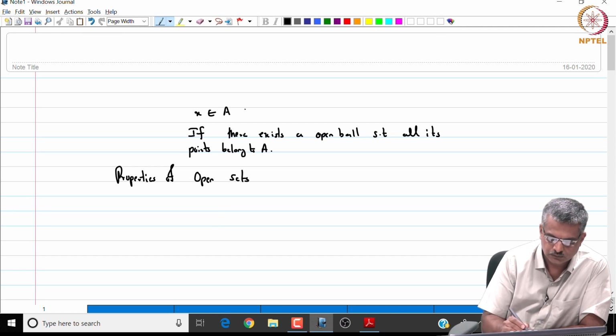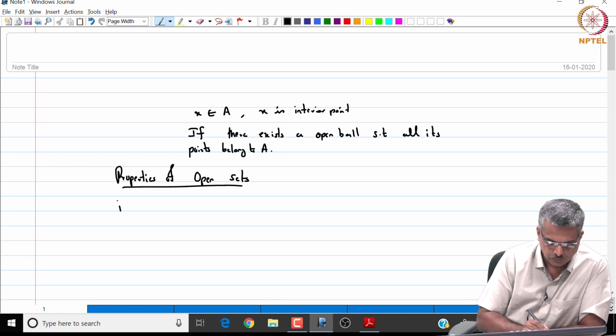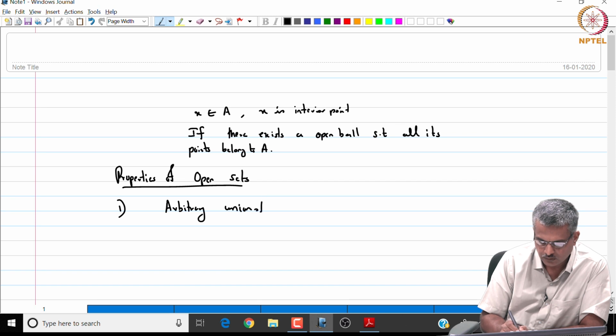So, this was interior point. The first property is that an arbitrary union of open sets is open.